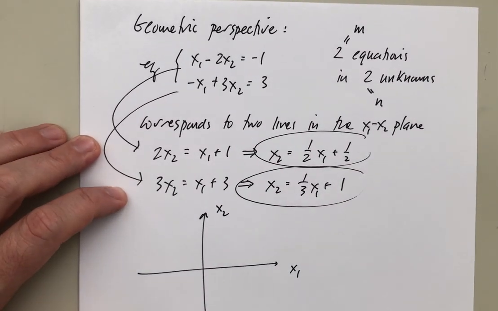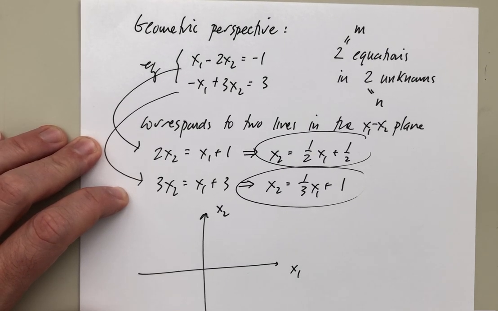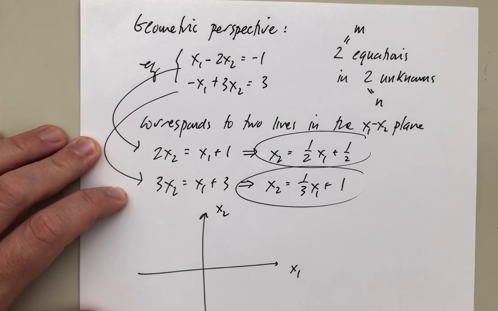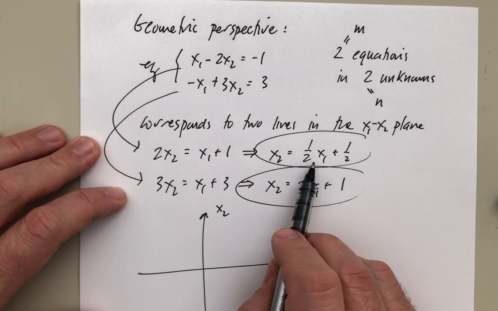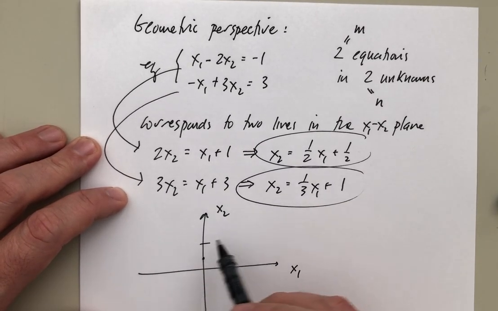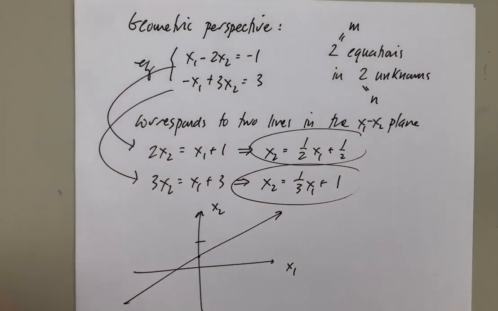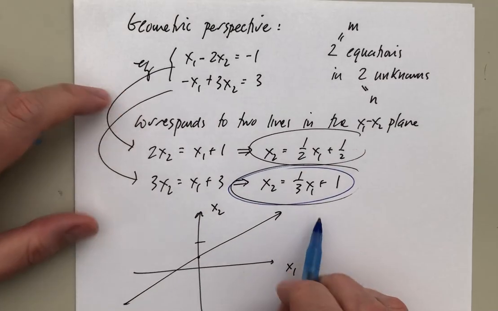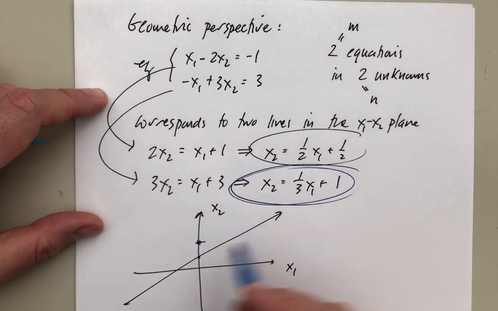Let me get a color that'll help me distinguish the 2 lines. The first line, let's say the black line, if that's 1, has y-intercept 1/2 and slope 1/2. So something like this, that's the first line. The second line, let me circle in blue, will be a line that has y-intercept 1, or x2-intercept 1, and slope 1/3.